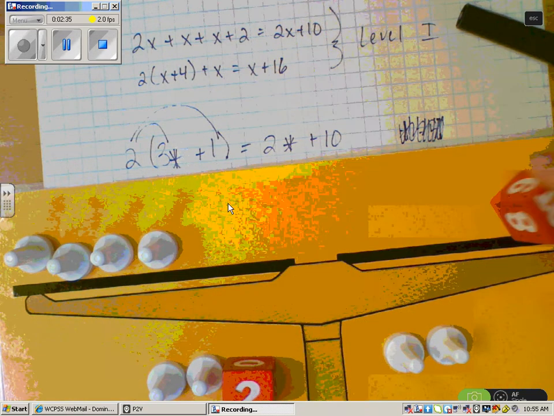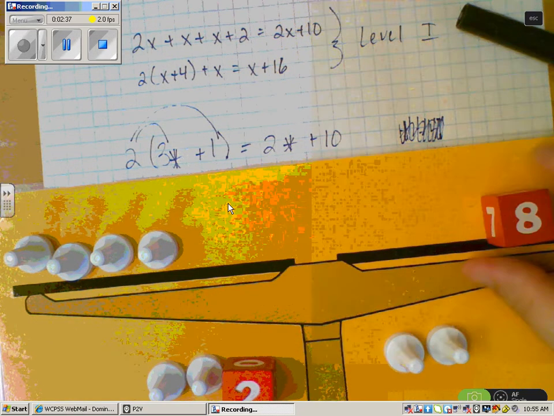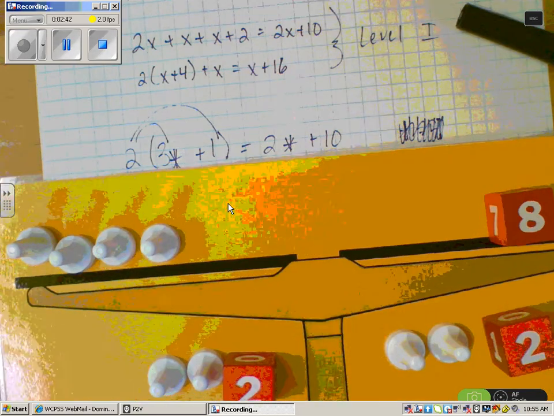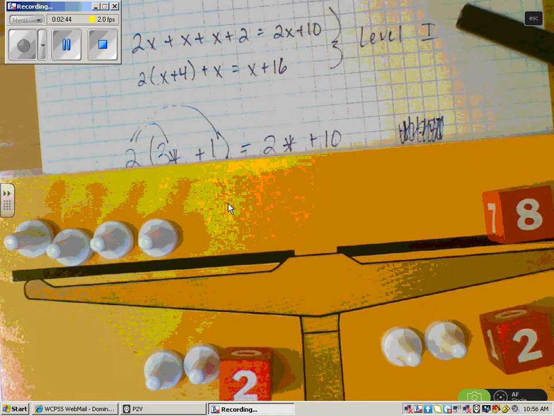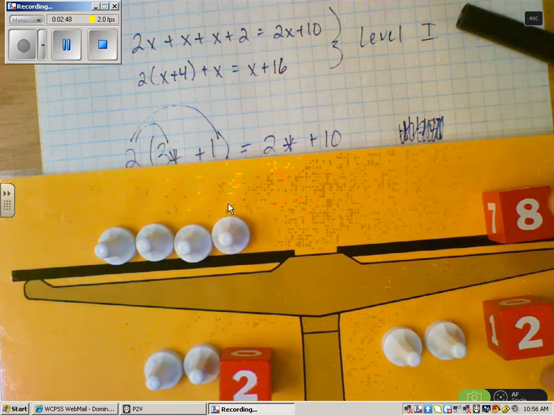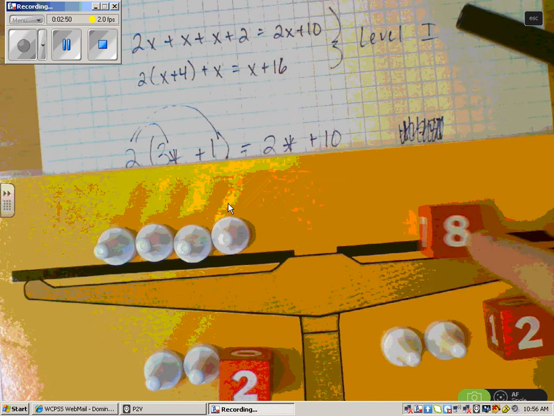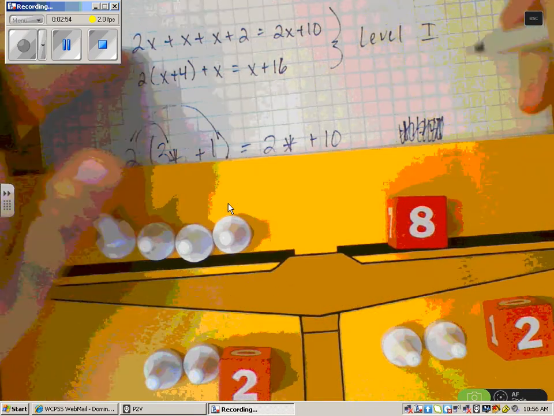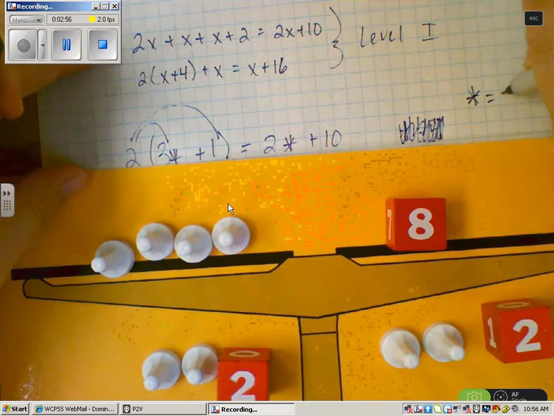When I take away 2 from 10, I'm left with 8. And I'm going to put the 2 number cube there just to show that I took 2 away. And then when I look at what's left over, I have 4 star equals 8. Well, if I divide 8 by 4, I get star equals 2.